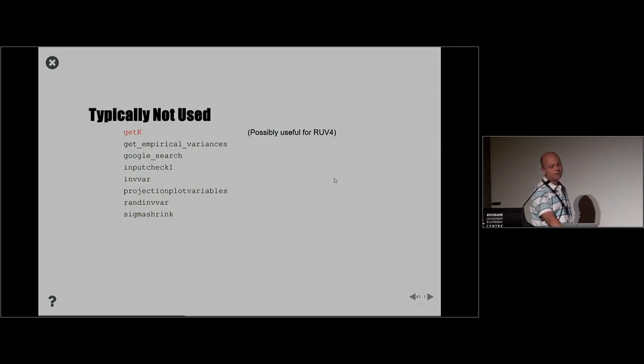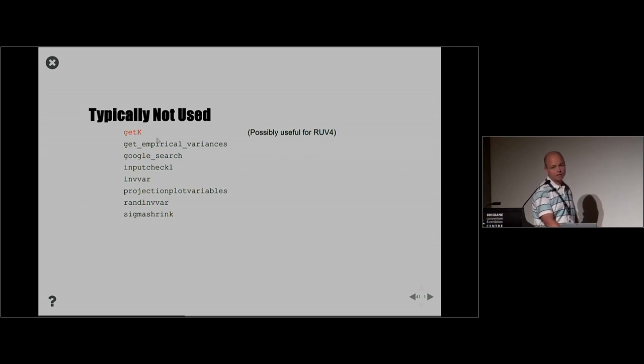Okay, and then there's a bunch of functions that are defined in the package that typically you don't use. So I'm just going to list them here so you know that these are things that you typically won't use. And I especially want to highlight this function getK. GetK is a function that might be useful for RUV4 in telling you how many factors to include in the model, how many of the factors from the factor analysis to include.